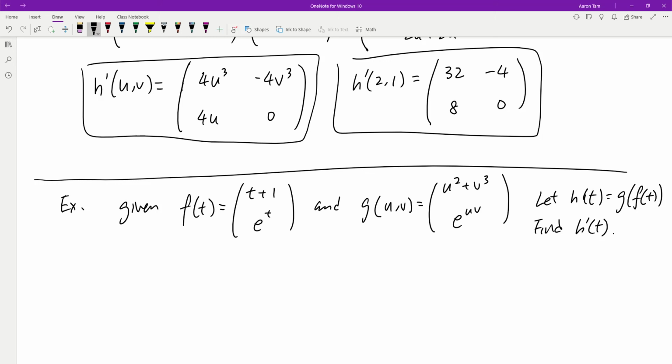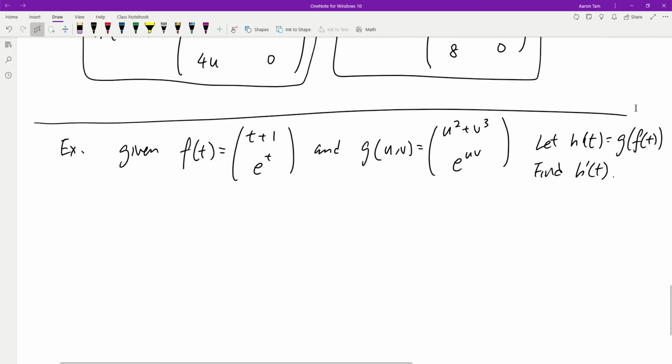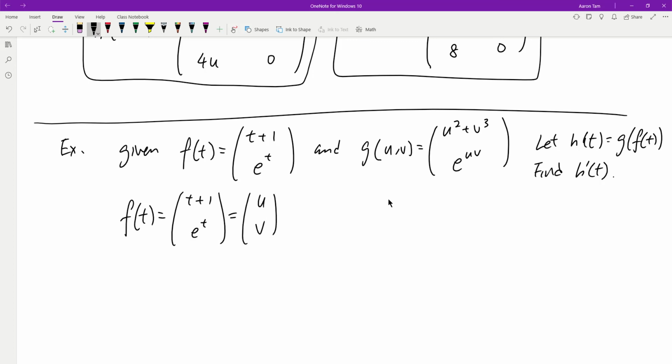So in this scenario, we are treating the output of the function f to be uv. So here that means that f of t is (t plus 1) e to the t, which is equal to uv. And then g of uv would equal u squared plus v to the third, and e to the uv. Maybe I'll call that xy in this case.